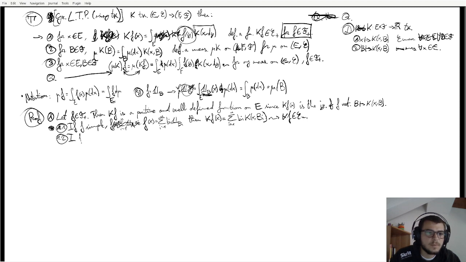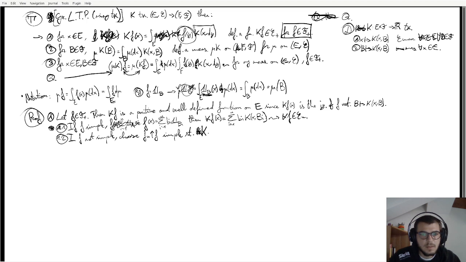Now, if f is not simple, choose f_n simple increasing to f, such that kf_n of x increases to kf of x.